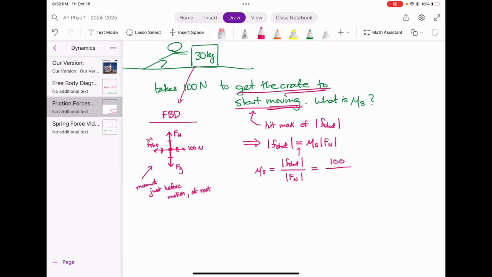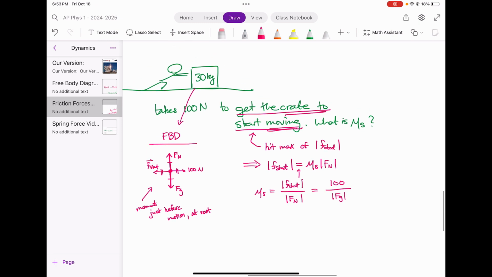And the normal force is equal to the force of gravity, which we can calculate pretty easily. So that's going to be 300. And so my coefficient of static friction is 1/3, or about 0.333 repeating.